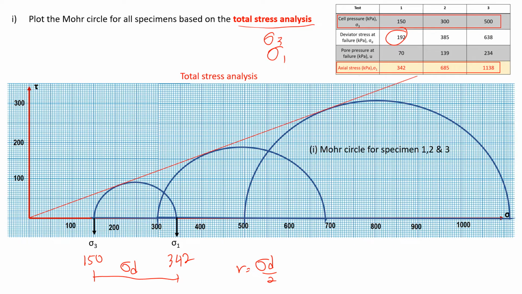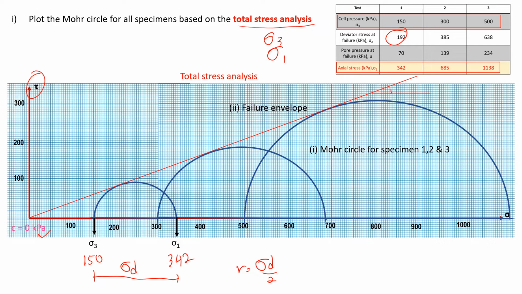After that, as usual, you need to have the failure envelope, the failure envelope that is tangent to all the Mohr circles. The intercept between the failure envelope and the y-axis is at 0, so the C value is equivalent to 0 kPa.